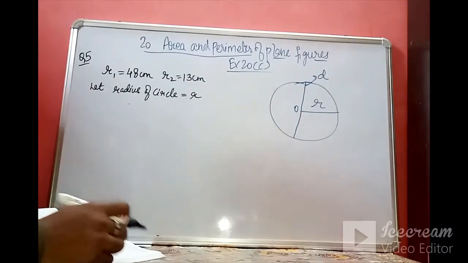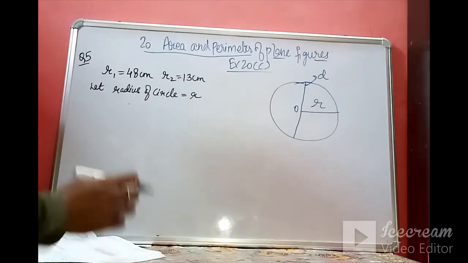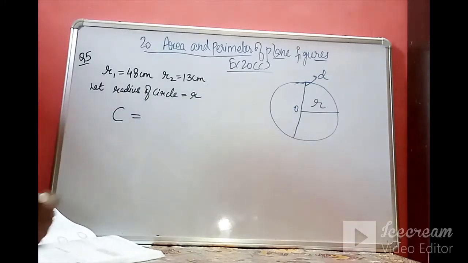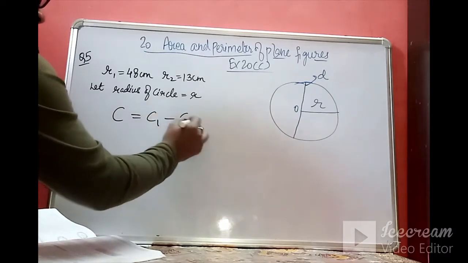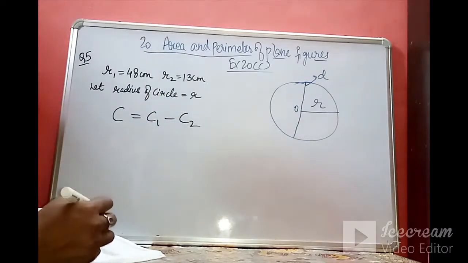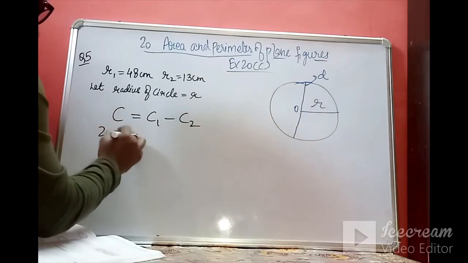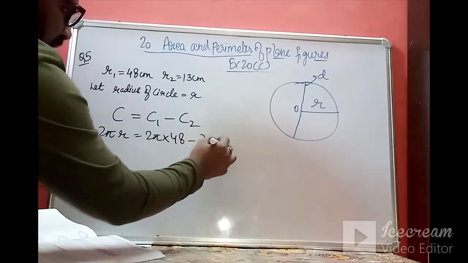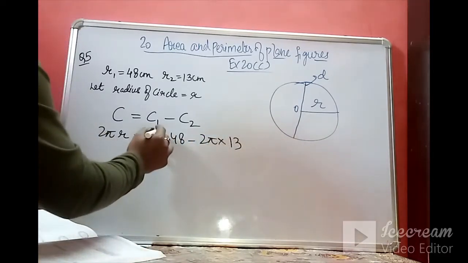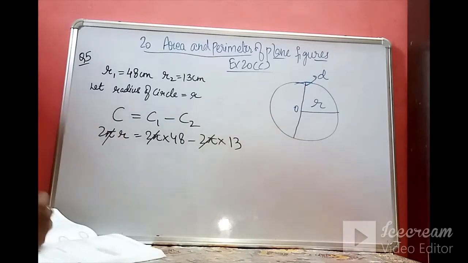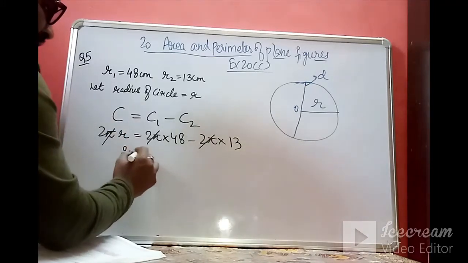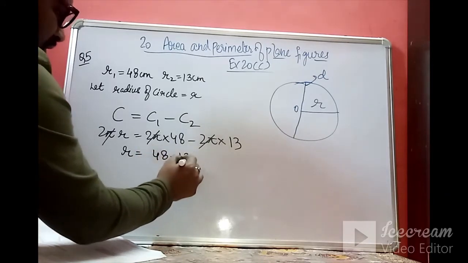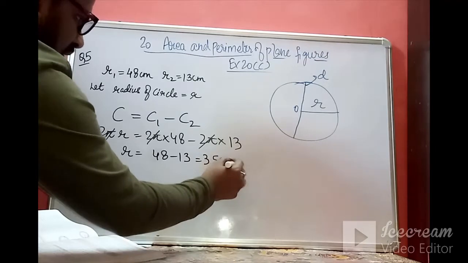In this question we have to find the area of the circle whose circumference, let C be the circumference, is equal to C1 minus C2. It is given. So we will put the value: 2 pi r equal to 2 pi into 48 minus 2 pi into 13. So this 2 pi and 2 pi will cancel everywhere. So I am left with the radius as 48 minus 13, that is 35 centimeter.